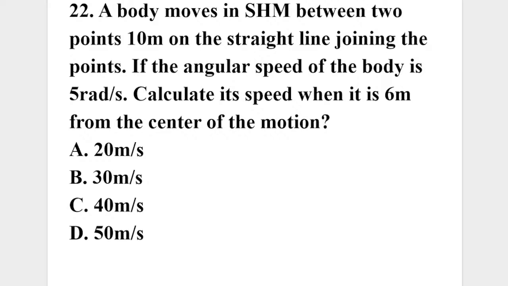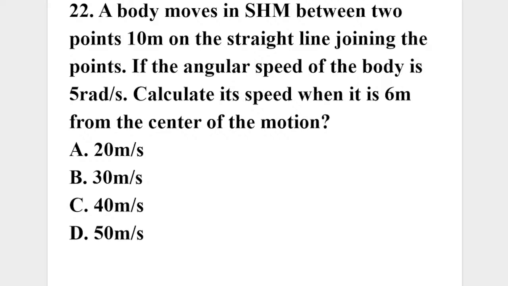So now I can simply input values. My V, my speed, equals omega, which is 5, times root of A squared, which is 10 squared, minus my x, which is 6 squared. So V equals 5 times root of 10 squared minus 6 squared.